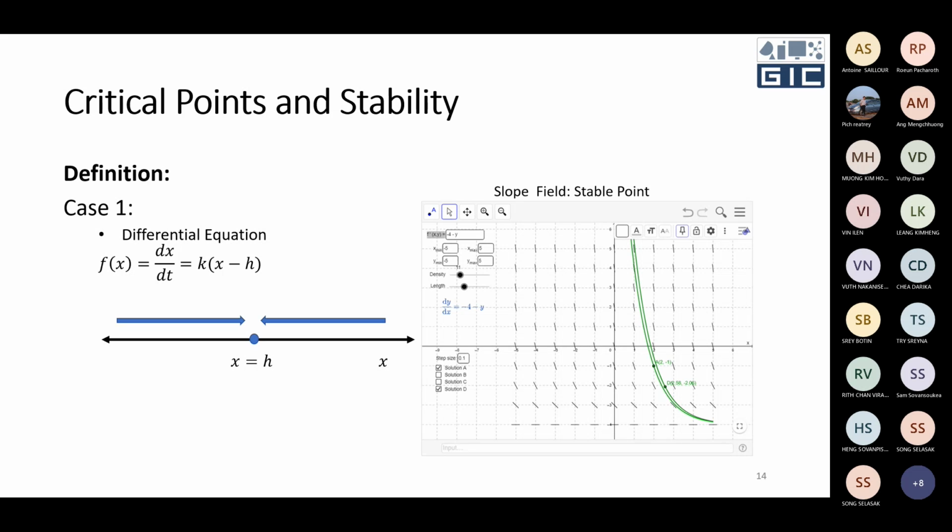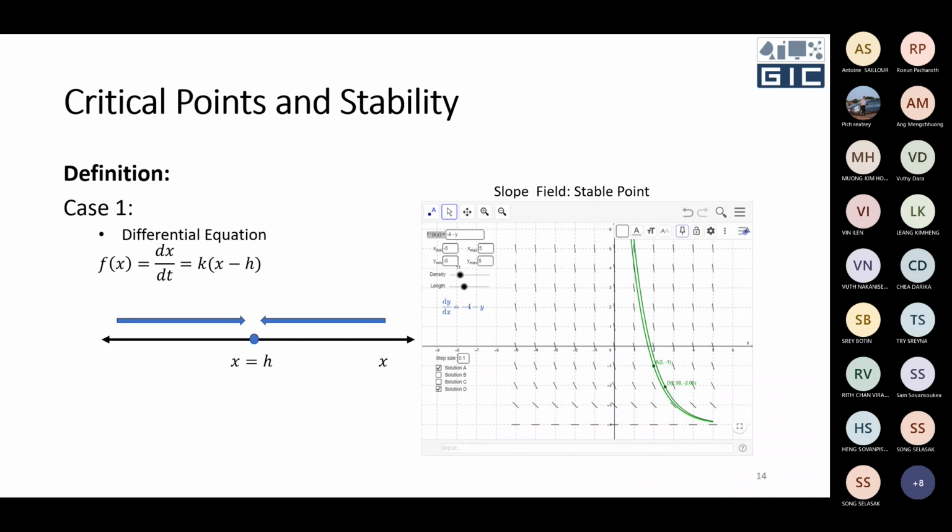In our solutions, it produces the same phase diagram, but you see that at the moment it increases to the critical point, but in this case it decreases to the critical point. So our system is the same. However, whether it increases or decreases to the stable point, it will produce the same stability for our system.